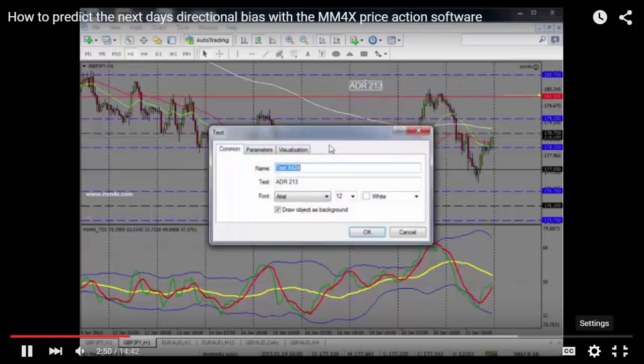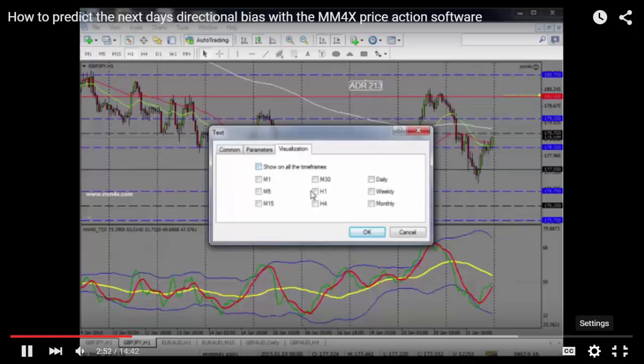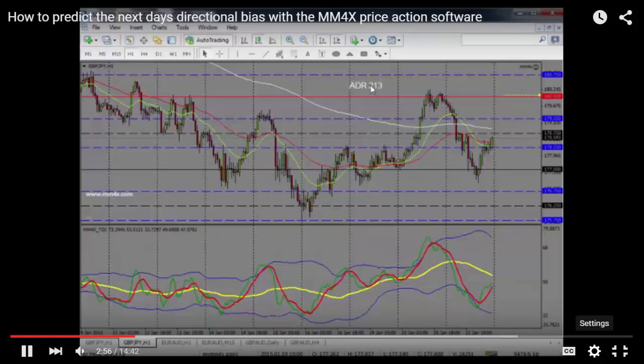Then I'll change that to only show on a 1 hour and a 15-minute time frame. And there's a reason for that. The next thing that I'll do is I will take and draw a little gray box, and I will make the box 213 pips.